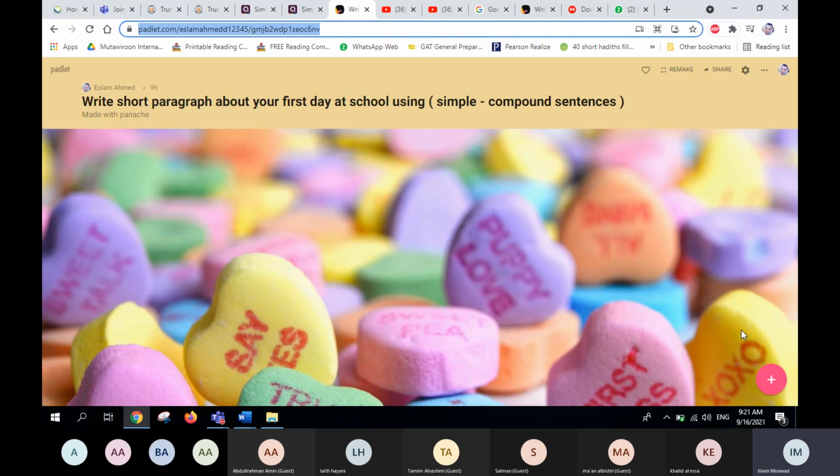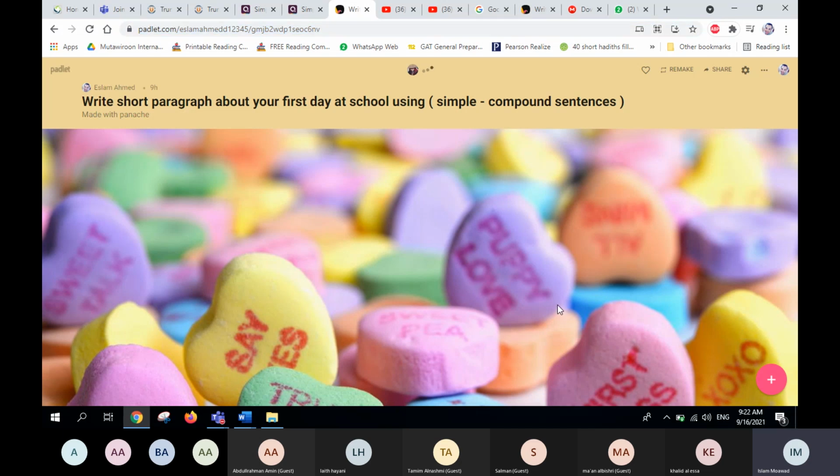I can't say write one sentence or two sentences. I want to see your innovation in writing. So stop. Think of the first day at school. In that paragraph you have to mix short simple sentences and then make compound sentences using the conjunctions.